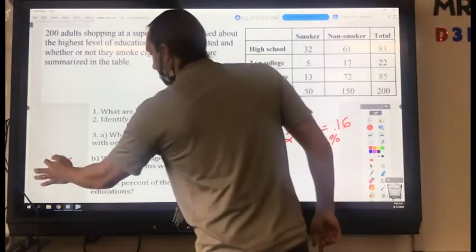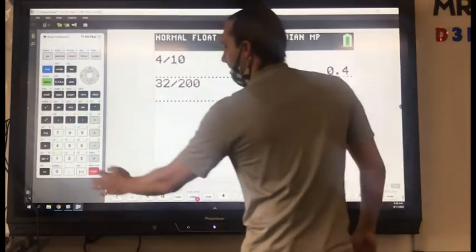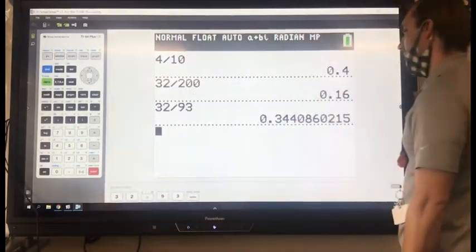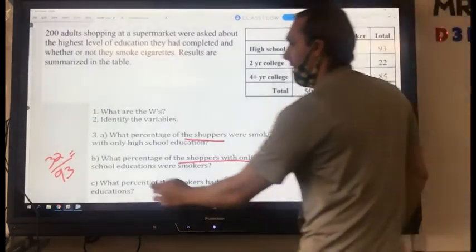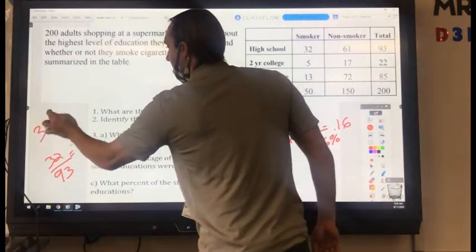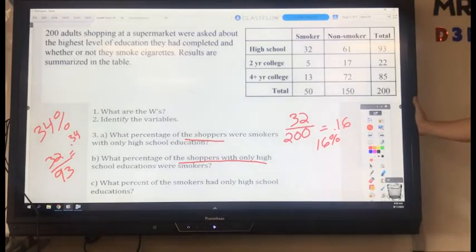Nice, 32. So 32 divided by 93 is 0.344. We'll just say 0.34. So roughly 34% of our shoppers that only had a high school education were smokers.